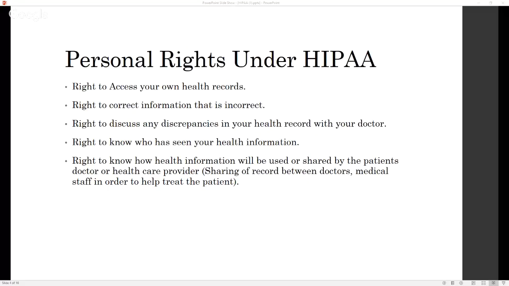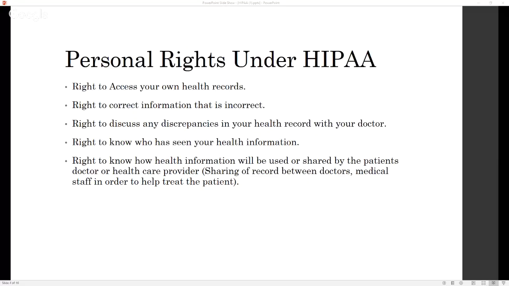So your personal rights under HIPAA: you have the right to access your own health records, to correct information, to discuss discrepancies in your health record with your doctor, and to know who has seen your health information. An example would be asking in your doctor's office, so who's seen this? And they could tell you who's had access to that record in the office.